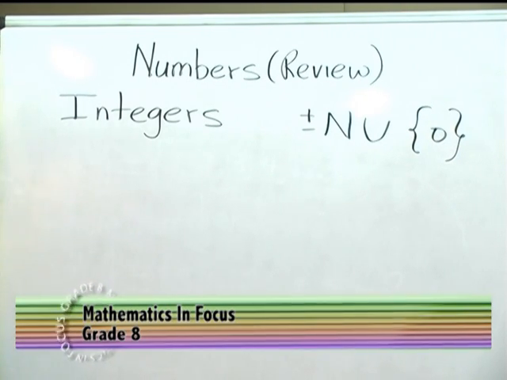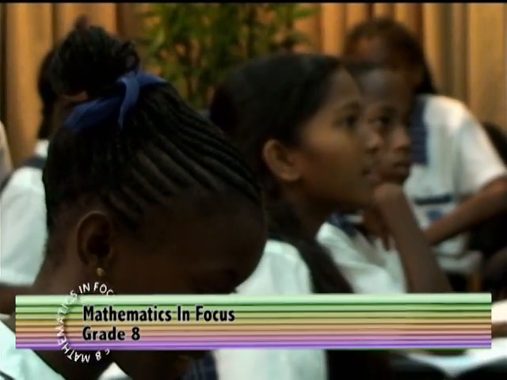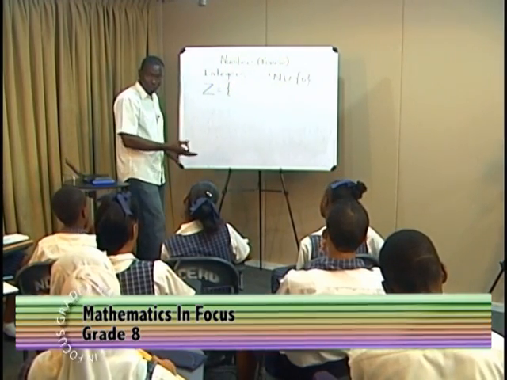The symbol we use for integers is, I thought someone was going to say I, because for natural numbers we use N and for whole numbers we use W. But for integers, as you correctly say, we use Z.